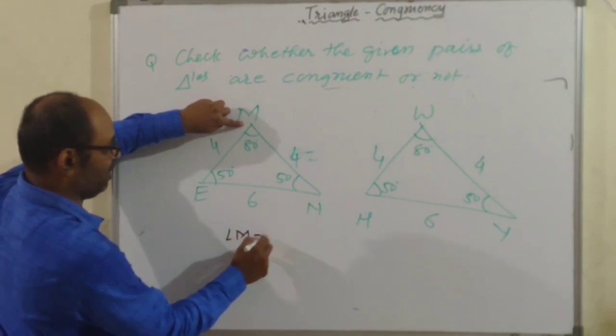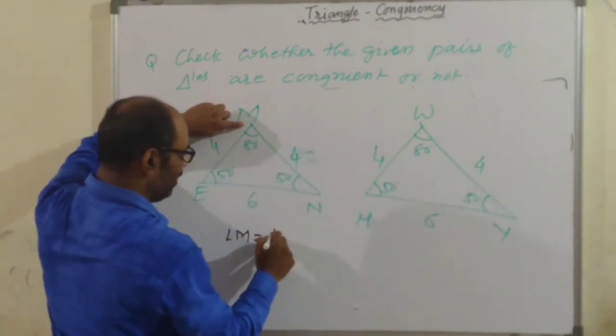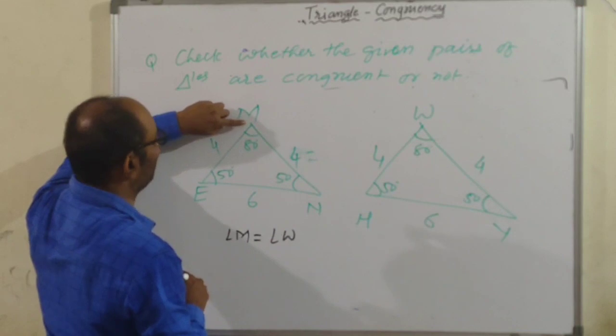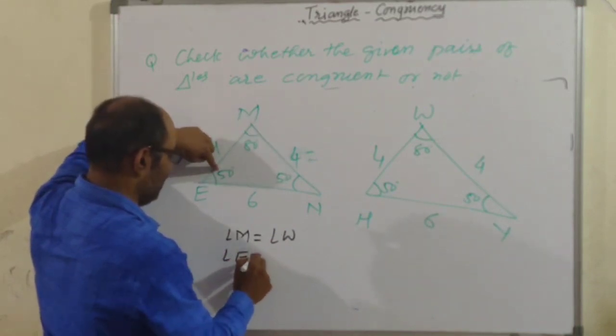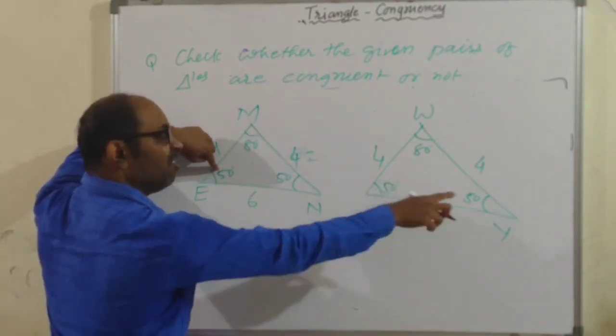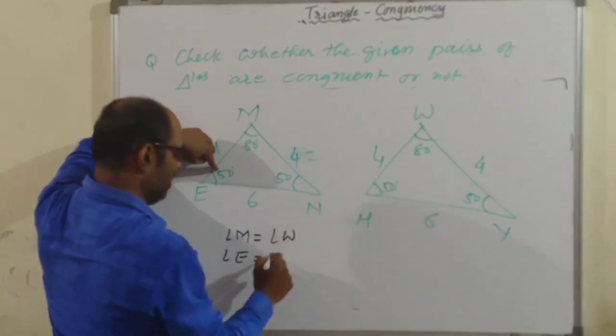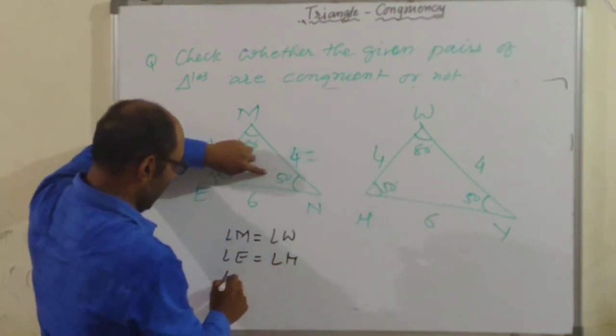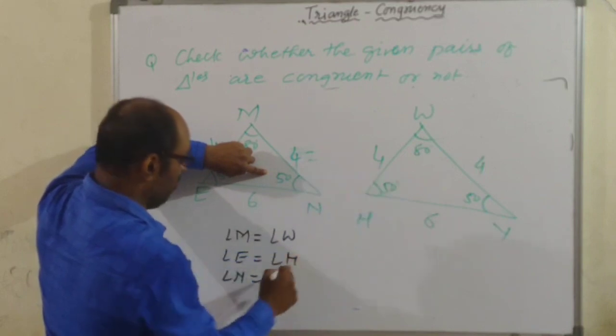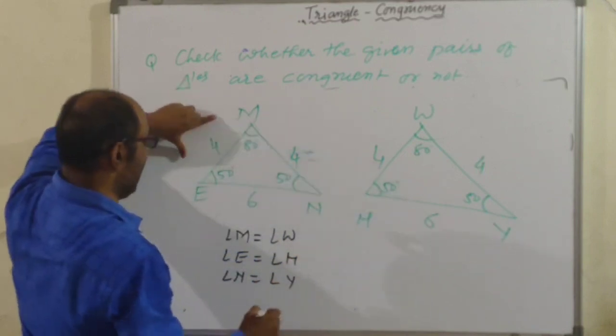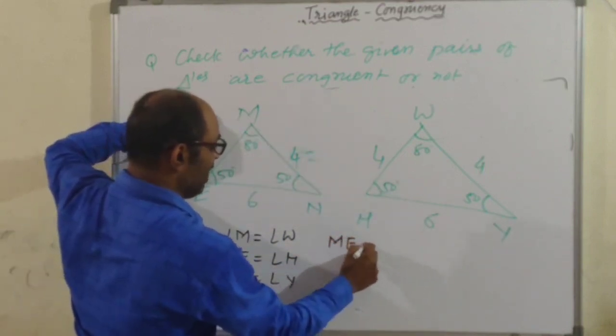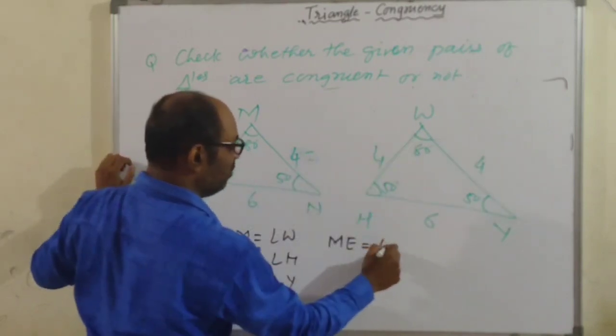Angle M 80, angle W 80. So angle M is equal to angle W. Angle E equal to H. We could also take Y, but we will take H. Angle N equal to angle Y. Measure of side ME is same as WH.